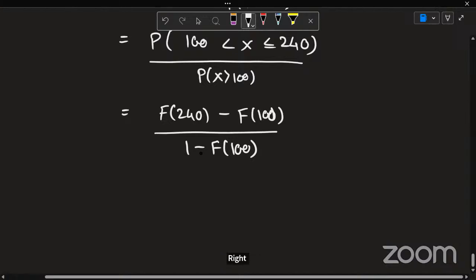Ma'am, why is it CDF, meaning capital F, and not small f? What is small f? Small f we use for PMF, PDF, right?